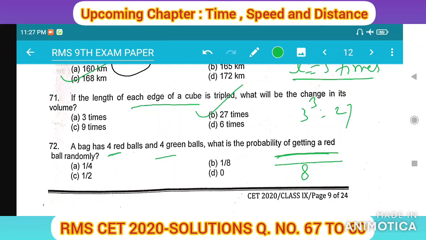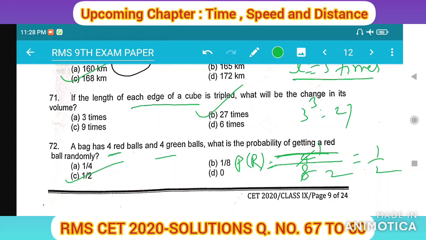Out of the total quantity, the chance of a red ball is only 4. Suppose I represent it by R. Probability of R is 4 by 8, which means 1 by 2. C is the correct answer. Understood?